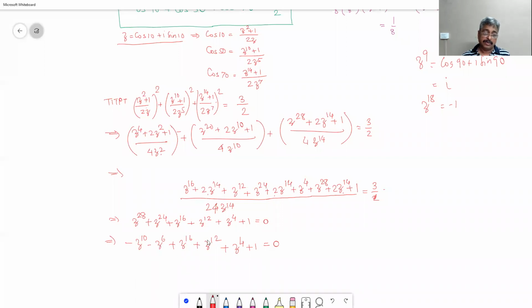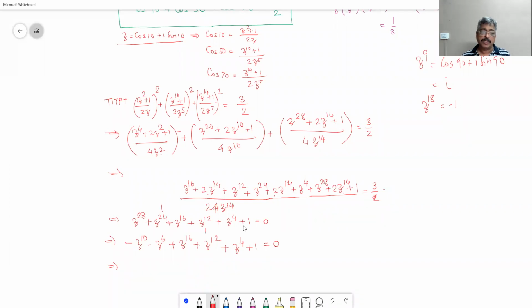Okay, so now, sir, we can use, yes, what can we use? The cube root of unity concept. Omega squared plus omega plus 1 is equal to 0. Where z raised to the power of 24 plus z raised to the power of 12 plus 1 is equal to omega squared plus omega plus 1, which is equal to 0.